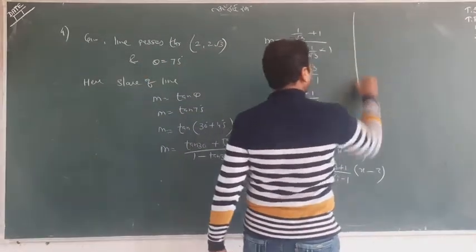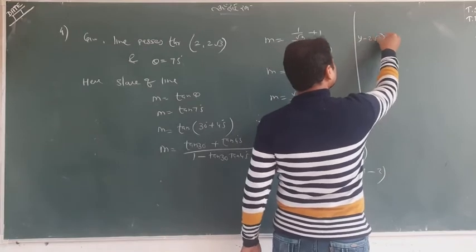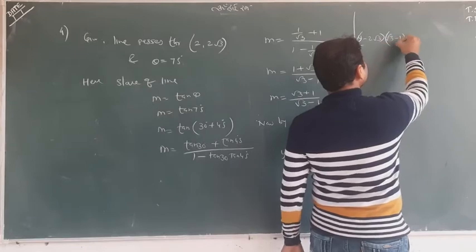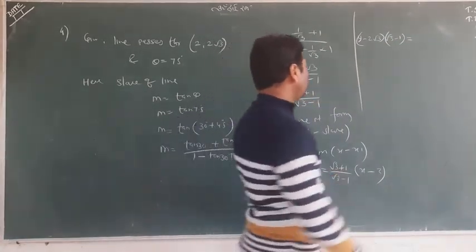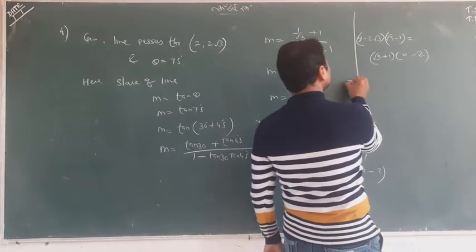Otherwise you can also multiply and modify that. I will tell you how to modify this. You multiply here: y minus 2 root 3 into root 3 minus 1 equals root 3 plus 1 into x minus 2.